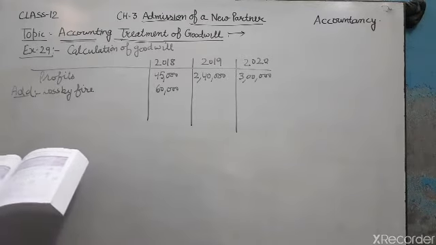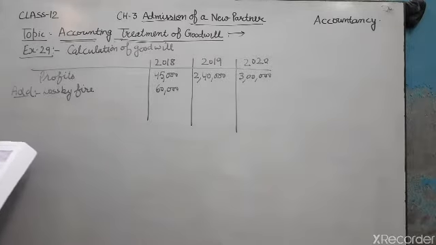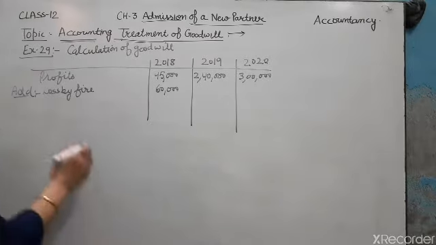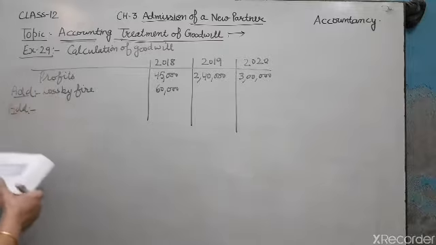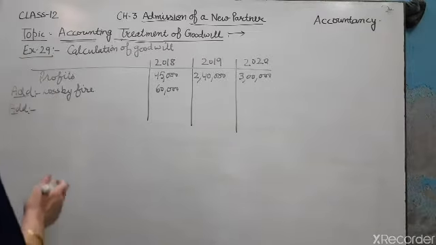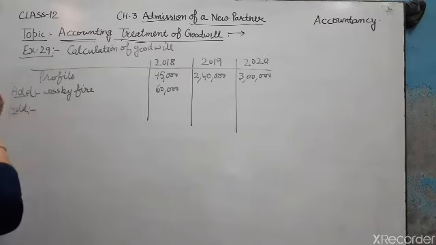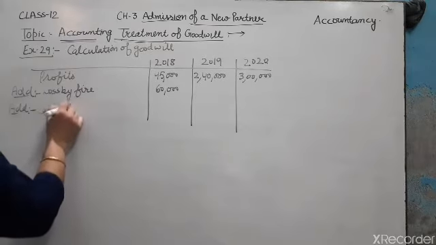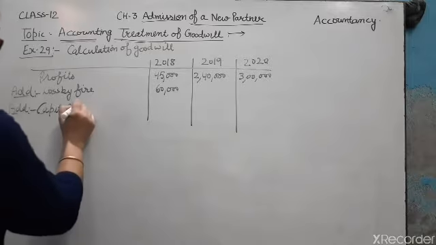A motorbike costing rupees 80,000 was purchased and wrongly debited to the travelling expenses. That means capital expenditure is treated as revenue expenditure, and by this profit is decreased.